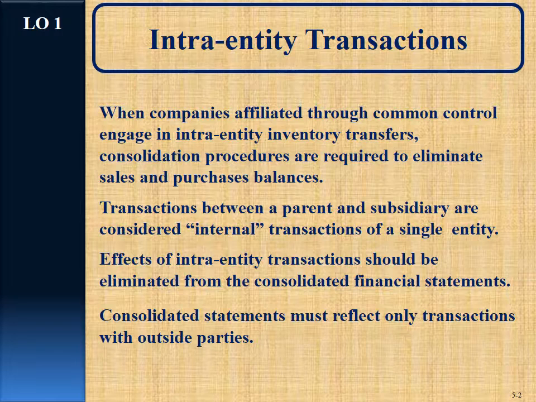So the effects of intra-entity transactions need to be eliminated before we can prepare the consolidated financial statements. And as I said, here's the guts of it, and this is what you always have to remember. Our consolidated revenues and expenses and inventory, etc., must reflect only transactions with outside parties.